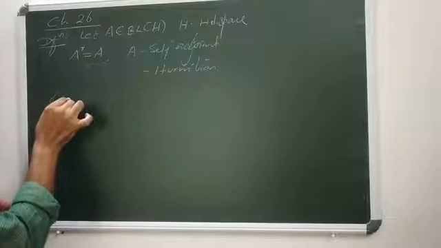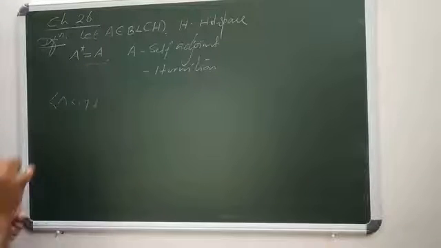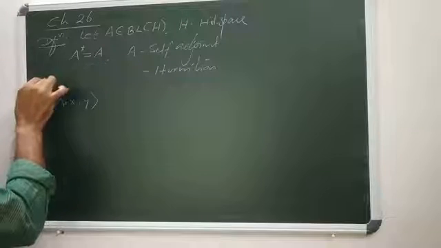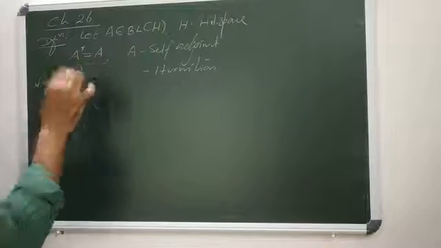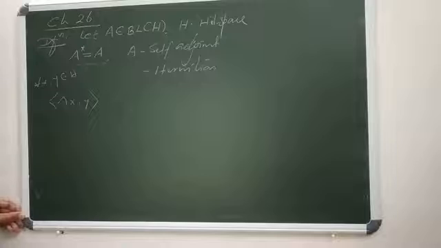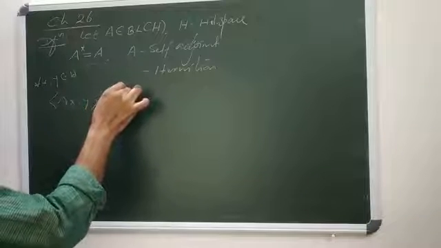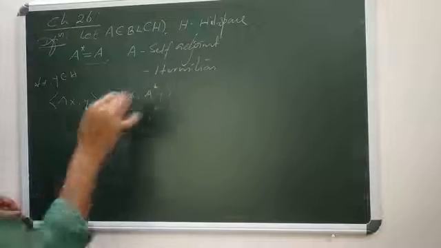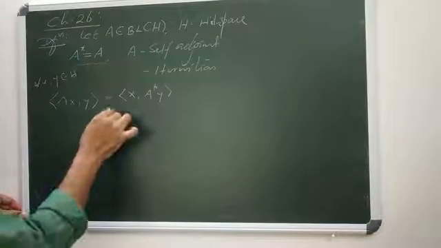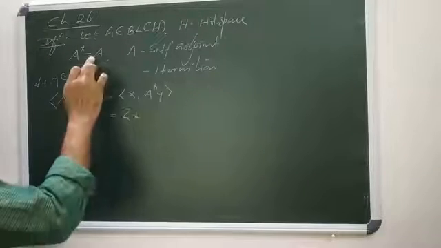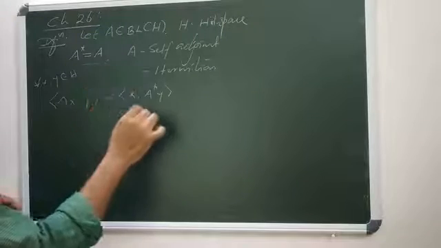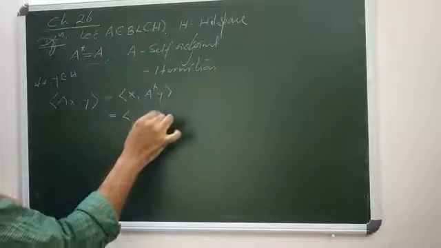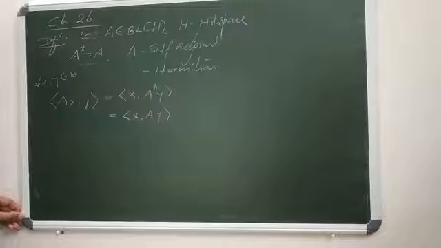Now consider the inner product (Ax, y) for all x, y in H. We know that this inner product (Ax, y) equals the inner product (x, A star y). But we know A star equals A since A is Hermitian, so that is the inner product (x, Ay).